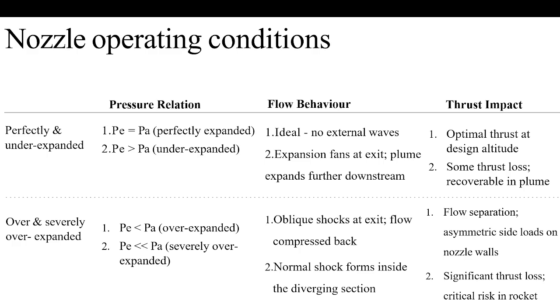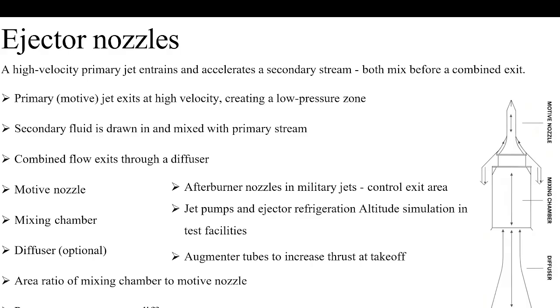Okay, moving further, some can be used as ejector nozzles, where there is high velocity at the primary jet. In a short span of time, if we want a larger amount of jet, we go with these cases, and we will be mixing both of them.